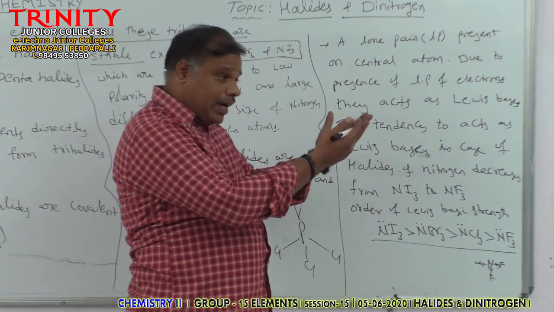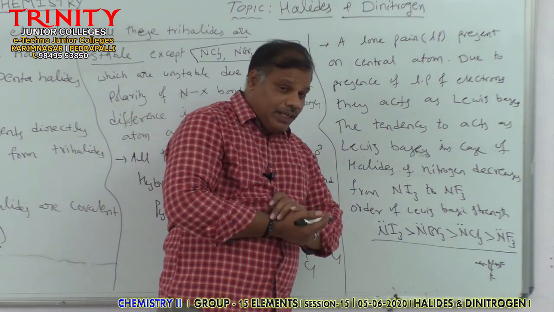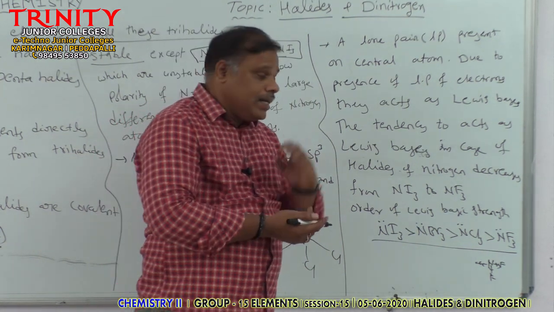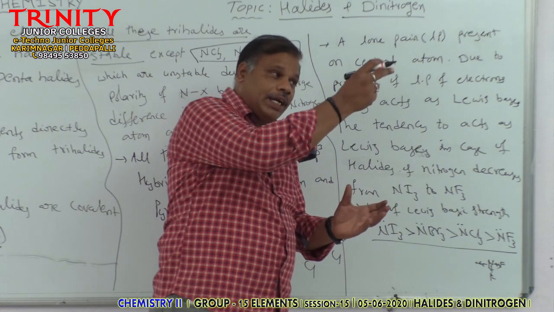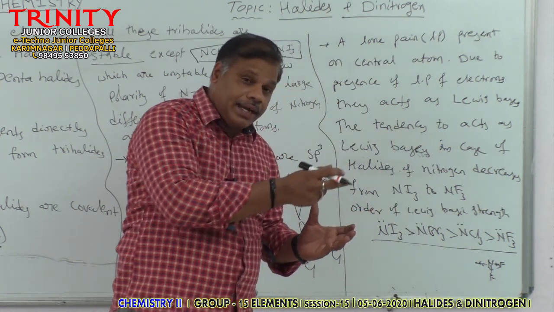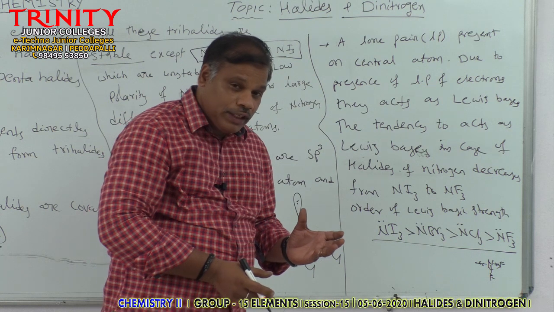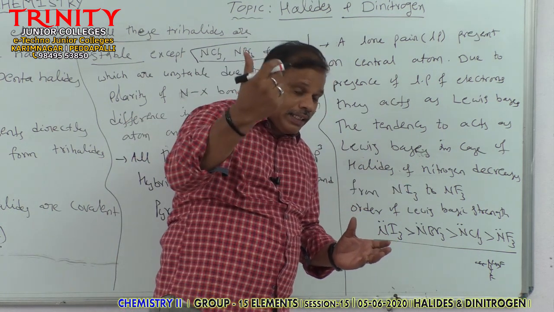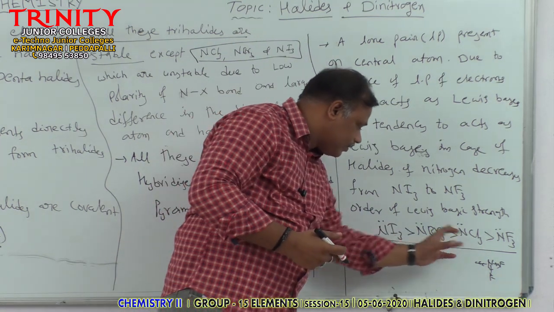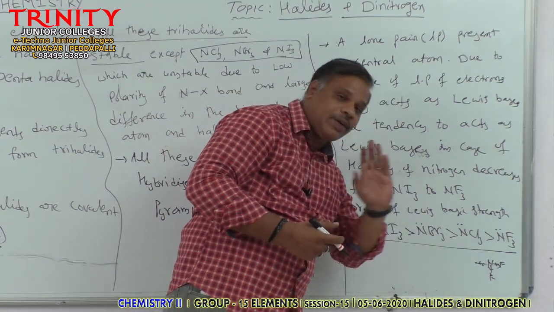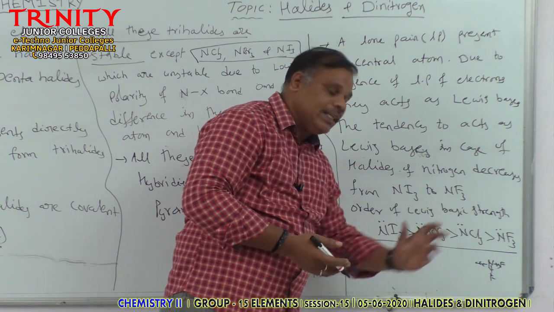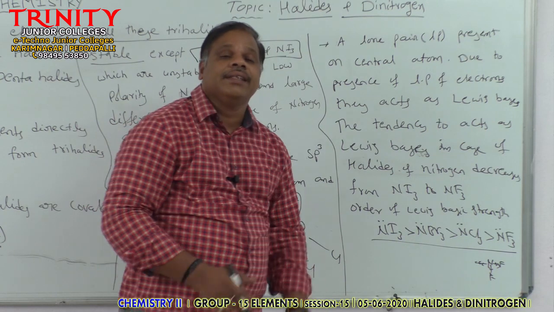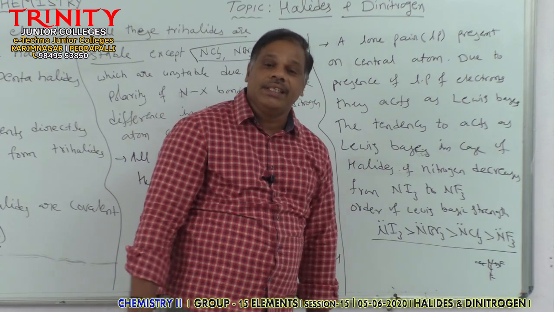Therefore, in the case of hydrides, we explained that on moving down the group from NH3 to BiH3, Lewis basic strength decreases. There, the size of the central atom increases from nitrogen, phosphorus, arsenic, antimony, and the lone pair spreads over a larger size, so the central atom changes. But here the central atom is the same, nitrogen, and the bonded atom changes. As the bonded atom's electronegativity increases, Lewis basic strength decreases.